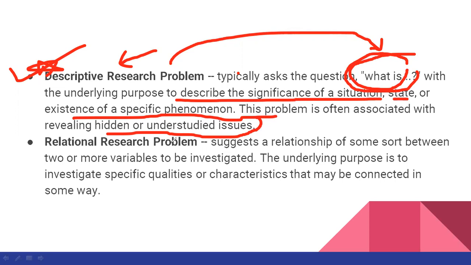Then the last one is the relational research problem. It suggests a relationship of some sort between two or more variables to be investigated. Remember the term I am using here, variable. I just said that these are parameters with respect to which you are performing research.